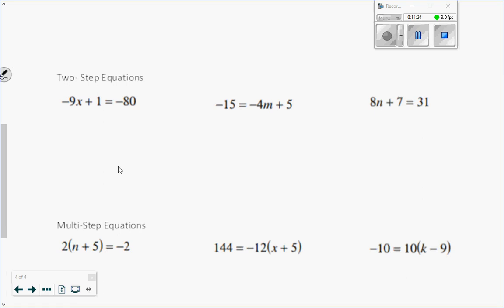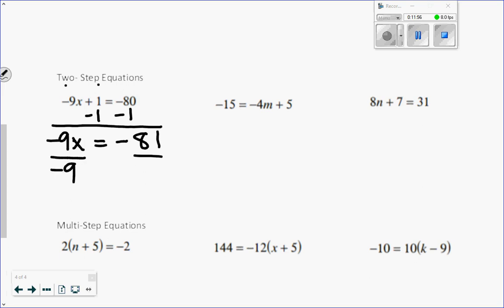So here with the two-step equations, we have to get the 1 and the negative 9 away from the x. So the first thing we will do, because the 1 is positive, is subtract 1 from each side. And then we'll divide by negative 9 on each side. And get x equals positive 9.